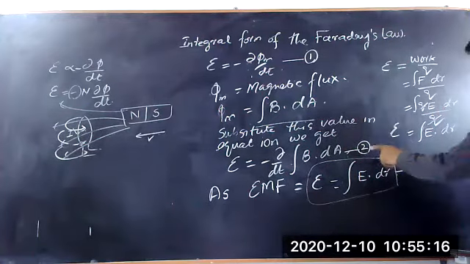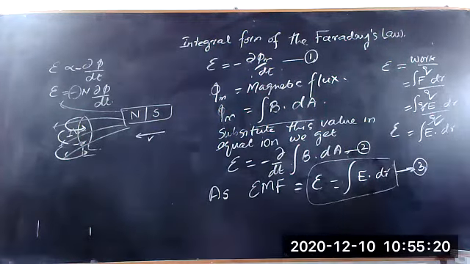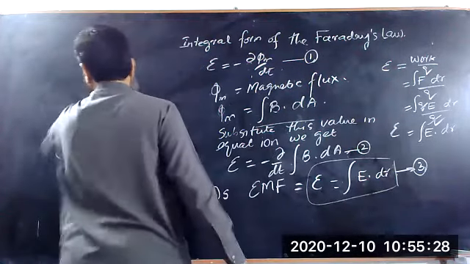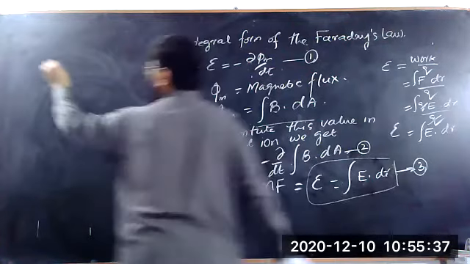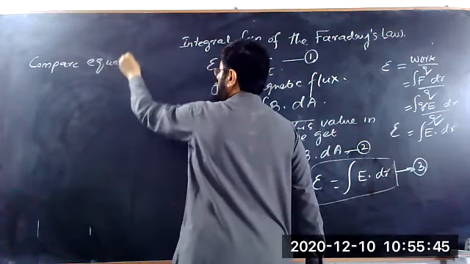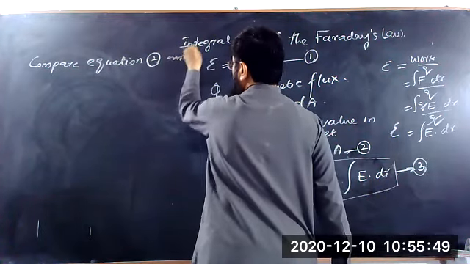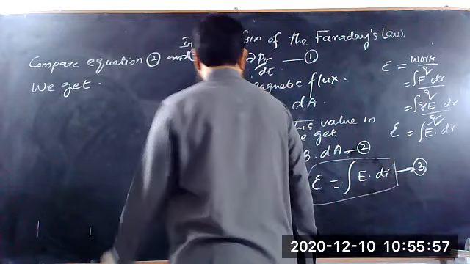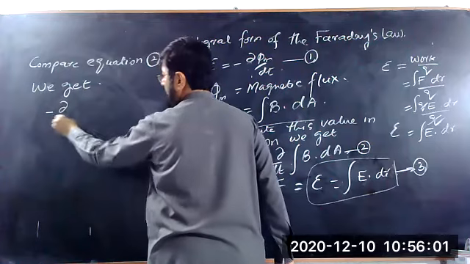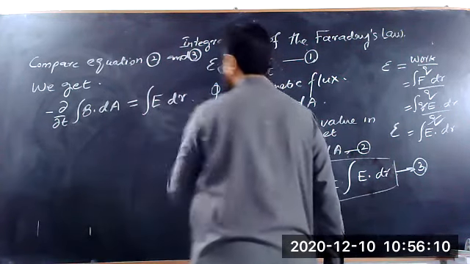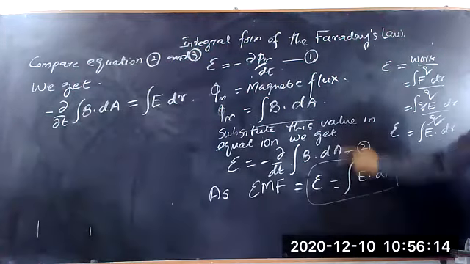Now if we compare equation 2 and 3, we get minus d over dt of the integral of B dot dA is equal to the integral of E dot dr. We have compared these two equations.